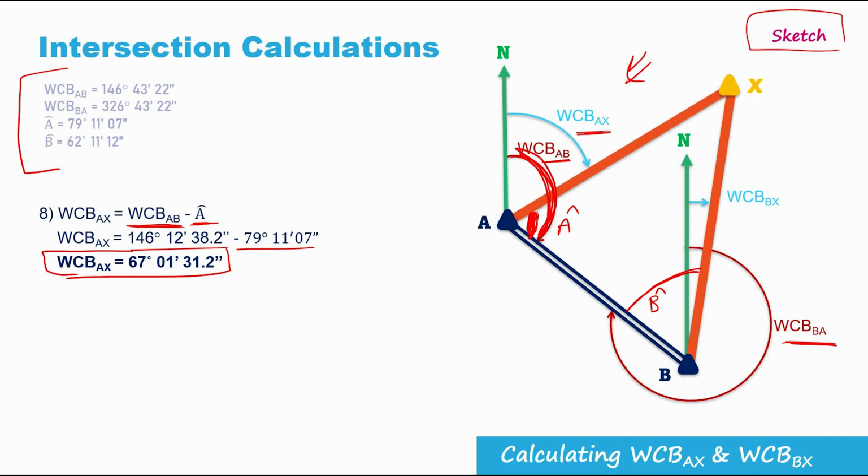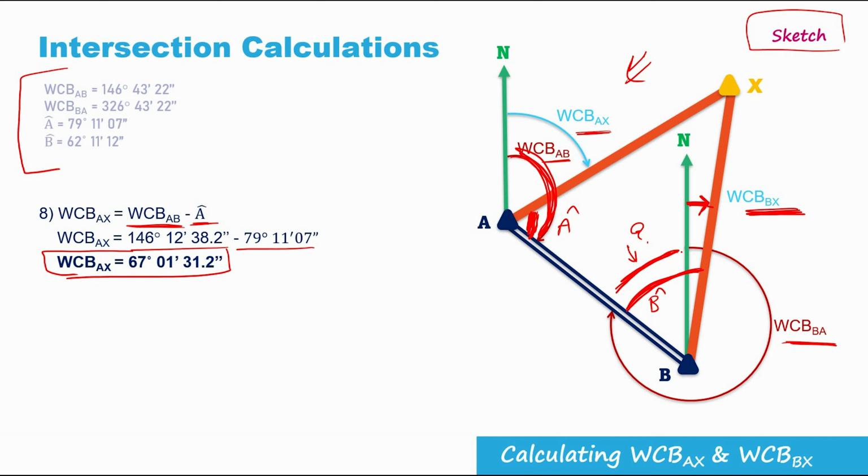Okay. Now let's calculate the whole circle bearing of BX. This small angle here, this one. The whole circle bearing of BX, guys, if you look at the drawing here, angle B, this angle, minus this value. Yeah. But what is this value? It's very simply, guys, a full circle.